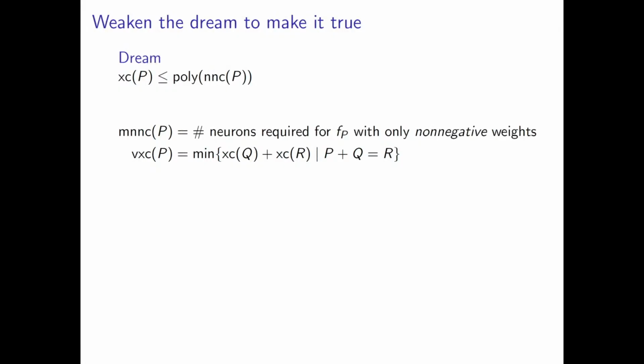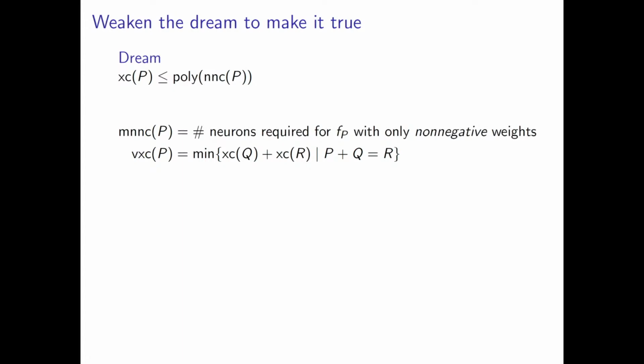And the other option is to make the left-hand side smaller. So we do something that is a little bit more powerful than the usual extension complexity. And here it turns out that Minkowski sum is the thing that makes things difficult. So instead of finding extended formulations of P, we find extended formulations for two polytopes Q and R, which satisfy this equality.